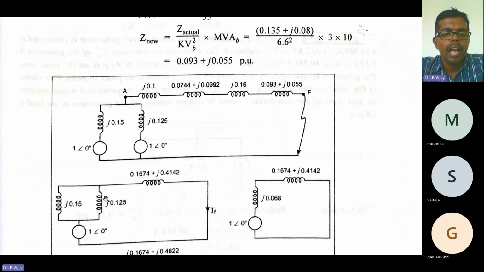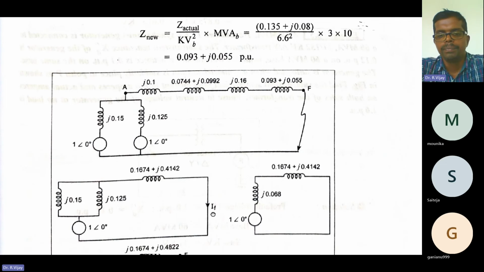Next, here J into 0.15, here J into 0.125, because this alone we simplified, that is connected in series; it is the same as your resistance. Here 1 at the angle of 0 degrees. Here you are considering the fault is happening, and the fault current is flowing as IF.